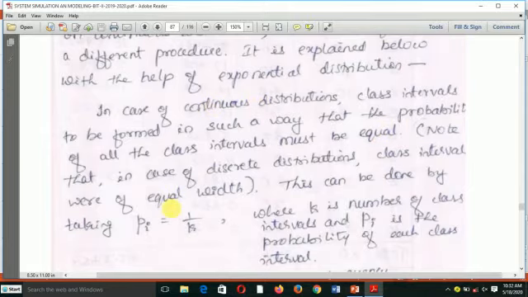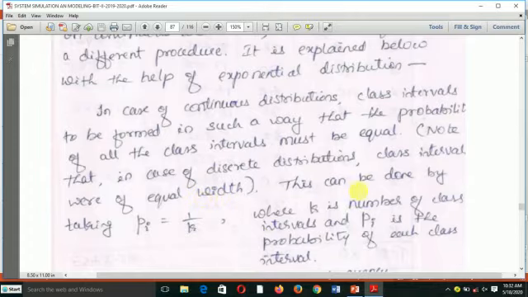When we use a discrete distribution, the class intervals were of equal width. But for continuous distributions, it is the probabilities of the intervals that must be equal.